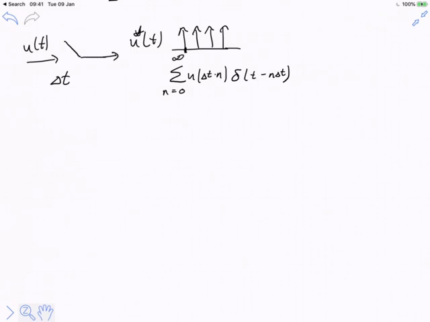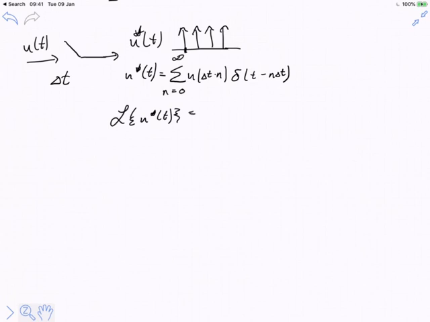And so when you think about it, if this is u star of t, it's very easy to calculate the Laplace transform of u star of t, if we understand very well how the Laplace transform works. Remember, it's a linear transform, so it will go over every element of that sum. I'm just adding lots of these terms together. So the Laplace transform of a sum is just the sum of the Laplace transforms.